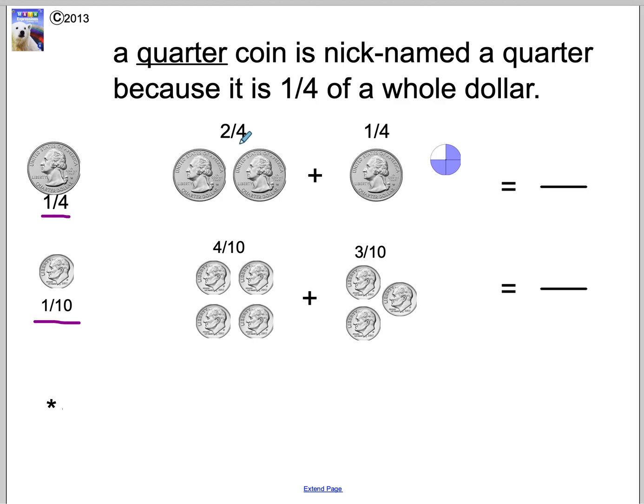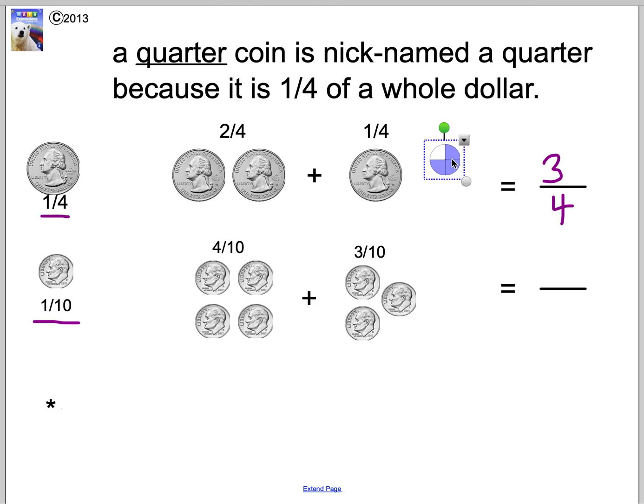If I have 2/4 plus another fourth, how many fourths do I have? If you said 3/4, that is correct. Quarters are the same as fourths, and so here we have 1, 2, 3, 3 out of 4. So not quite a whole dollar, but close.